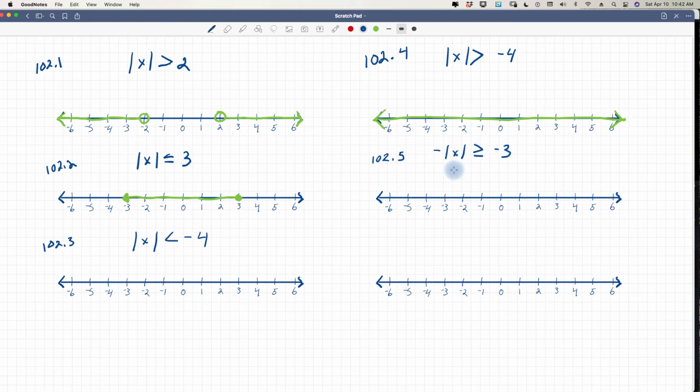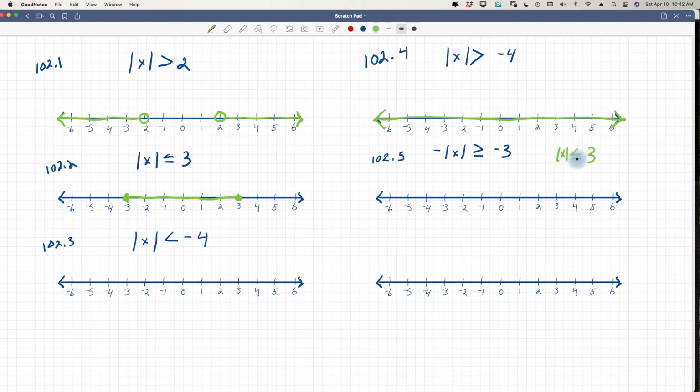So we will rewrite this as the absolute value of x is less than or equal to positive 3. Actually, I'm going to rewrite that over here so that it's bigger so we can see what we're doing. So we'd rewrite that as the absolute value of x is less than or equal to positive 3.